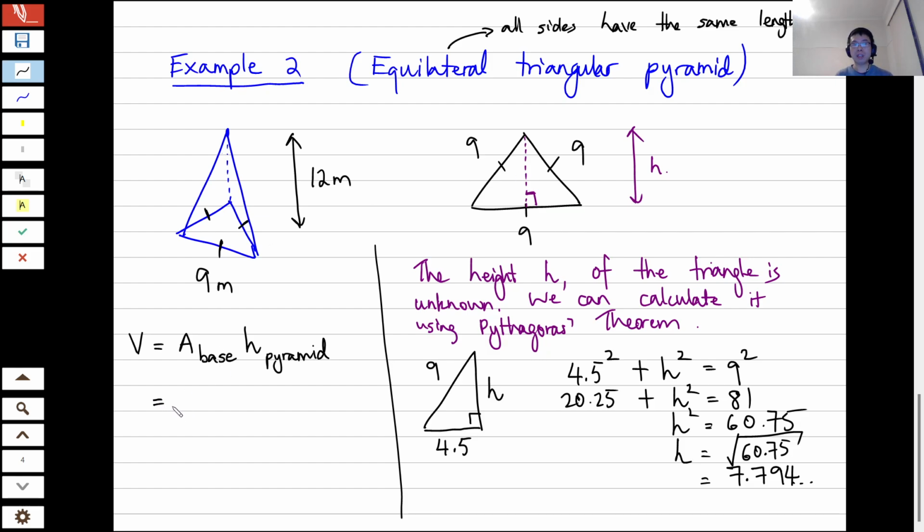As long as you are clear in your calculation by showing me which numbers you are substituting, you'll get full marks. So the area of the triangle is given by half times the base, which is 9, times the height, which is 7.794. And then I want to multiply the whole thing times the height of the pyramid, which in this case is 12.